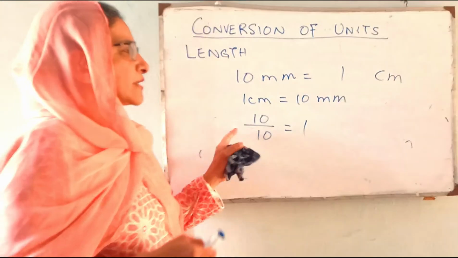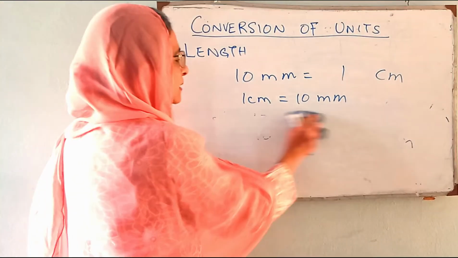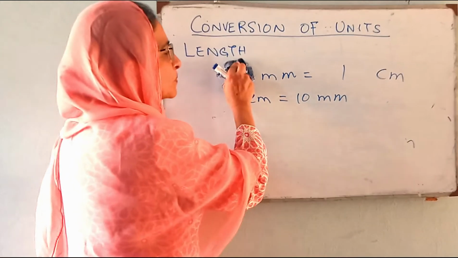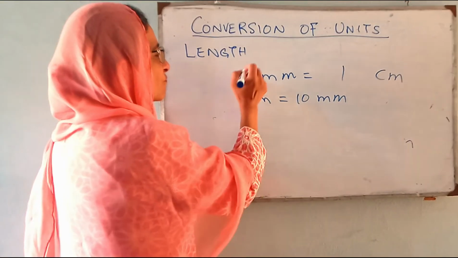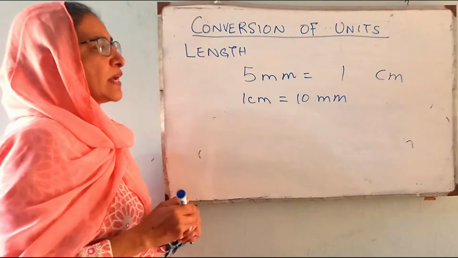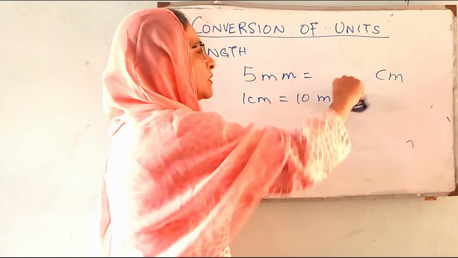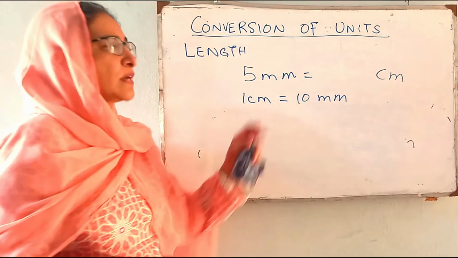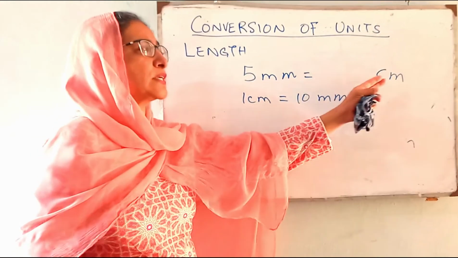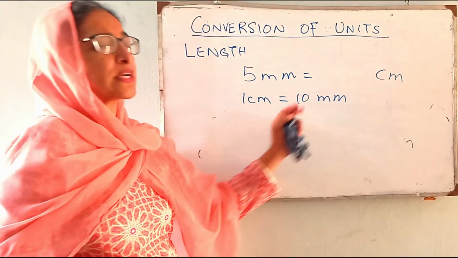Right? And suppose I have some other number, for example 5 millimeter, and I want to convert it into centimeter. I want to convert a smaller unit into a bigger unit, so I will divide it by 10.